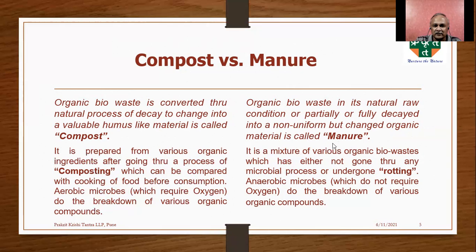But manure, where the rotting process happens, is a mixture of various organic bio-waste which has either not gone through any microbial process at all or undergone a rotting process, that is, anaerobic microbes, which do not require oxygen, do the breakdown of various organic compounds. So here the importance is about rotting or composting.